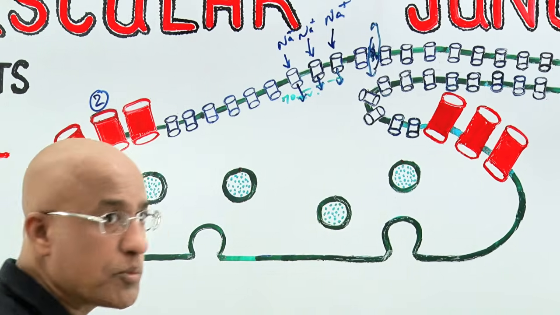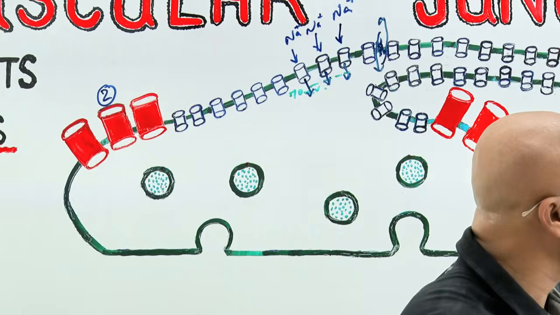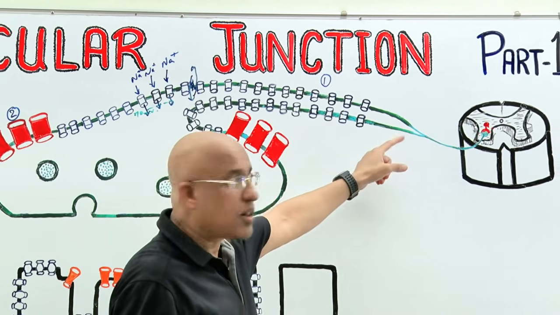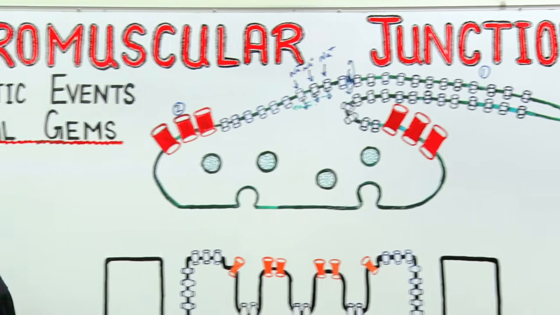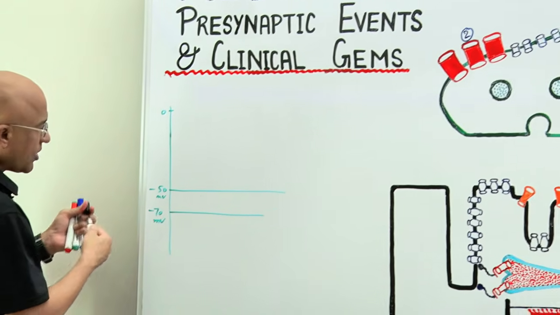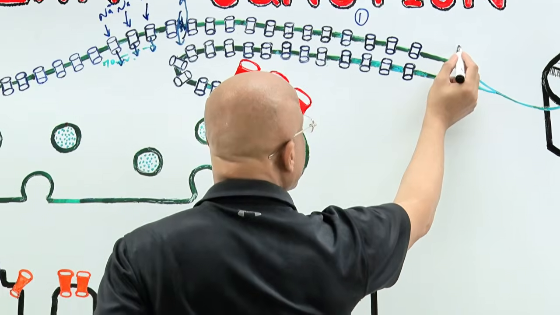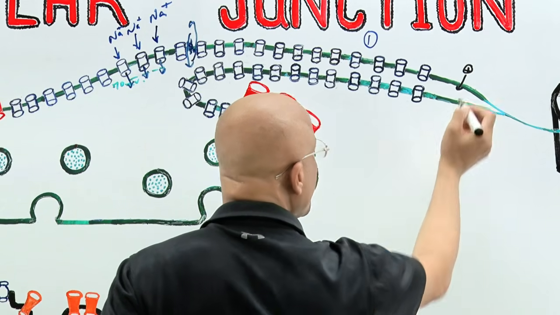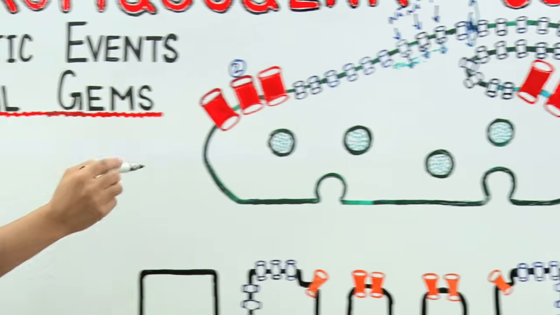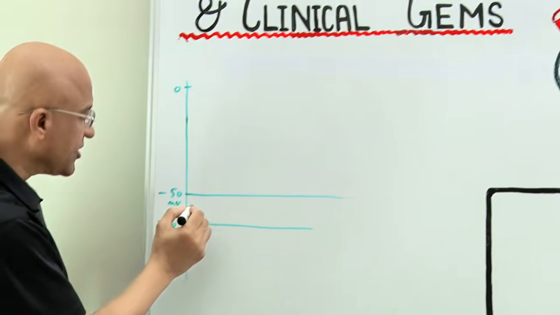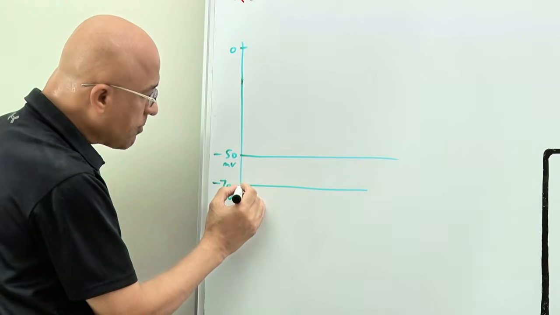I'm going to explain the action potential first of all, the arrival of the action potential. When an action potential is generated in the alpha motor neuron, it is stimulated in such a way that initially a few cations, or positive charges, enter at the soma or dendrite. When these cations enter due to some stimulation, what will happen?